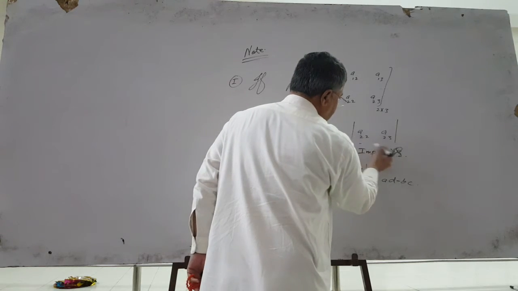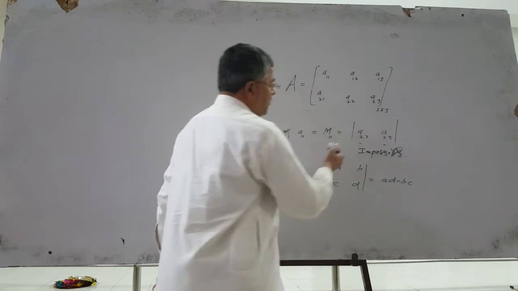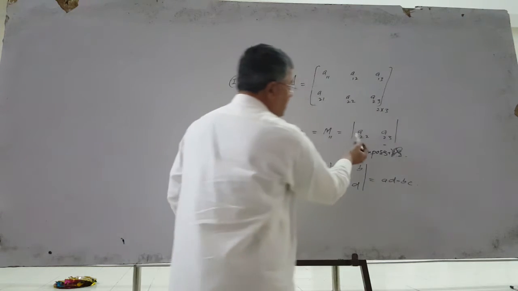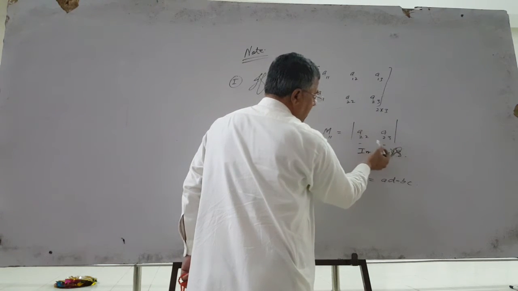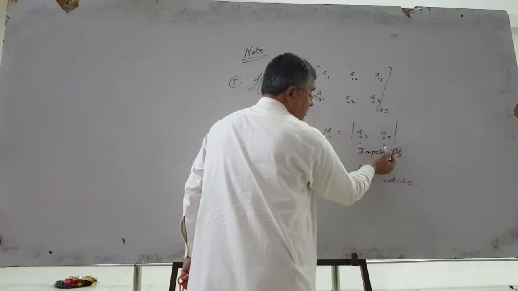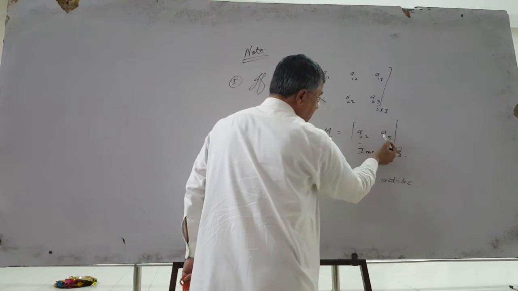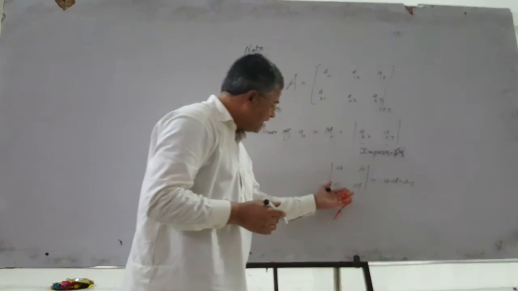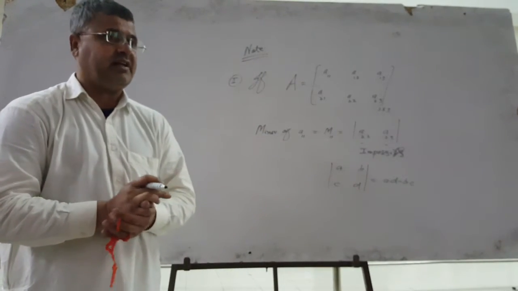As there are no elements somewhere here, we cannot calculate the value of this determinant. That is, there are no elements to multiply this element with that element, minus multiply this element with this element, as we can do in the other determinant.